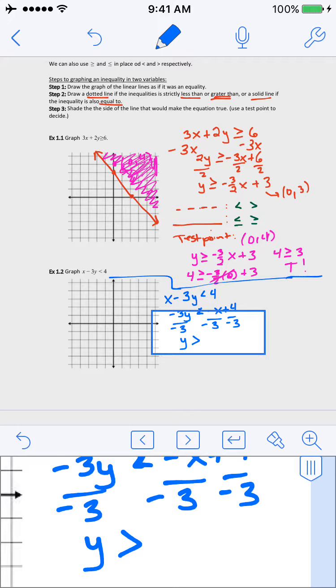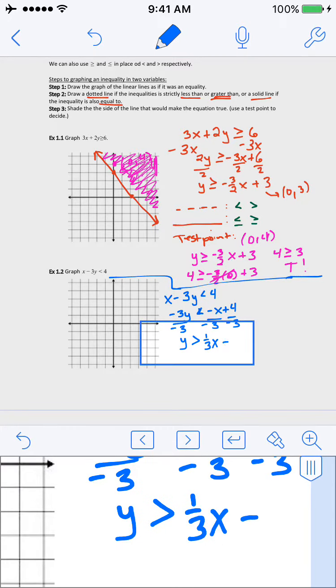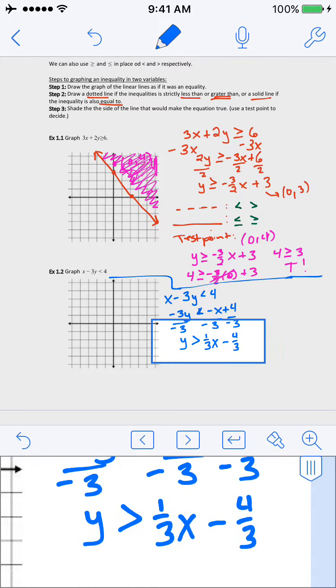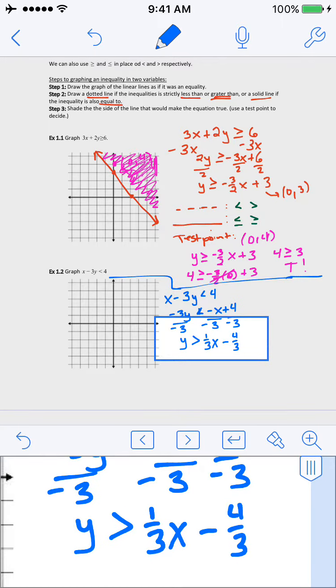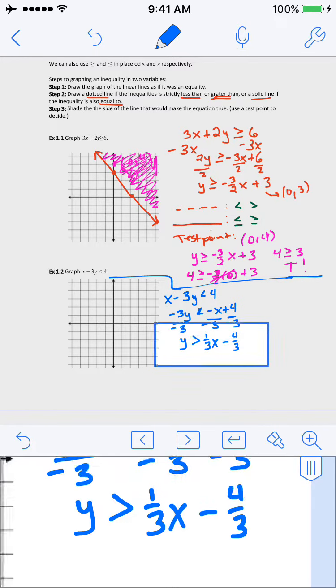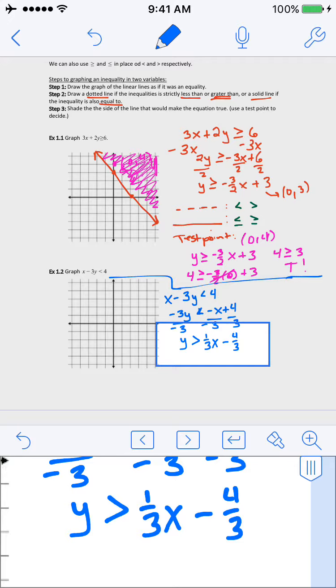So now y is greater than positive 1/3 x minus 4/3, right? So we have to watch out for that. We've now switched the sign because we were dividing by a negative. So now y is greater than. Again, that's not something that's guaranteed to happen, it's just something you have to watch for. If you end up dividing by a negative, you're going to have to switch that sign.